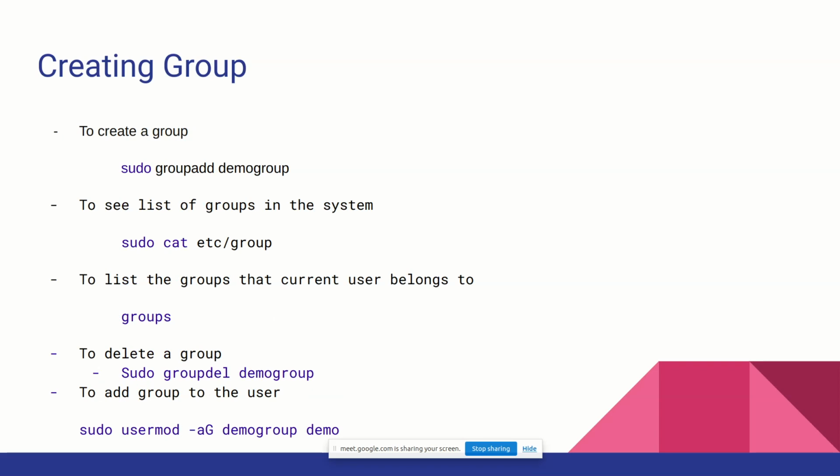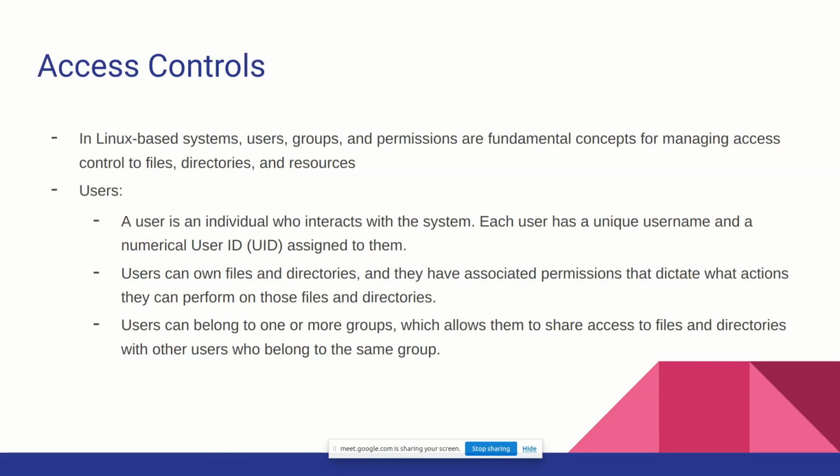Then creating a group and adding a group, checking the list of all the groups for the particular user you are logged in as, deleting the group, and amending the group with a proper user ID. That means a user belongs to that particular group.